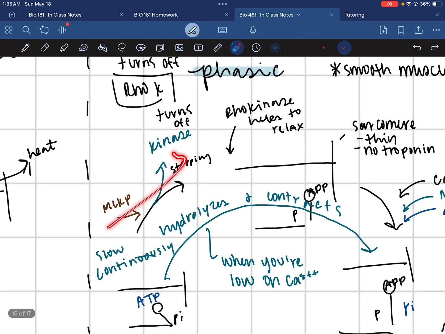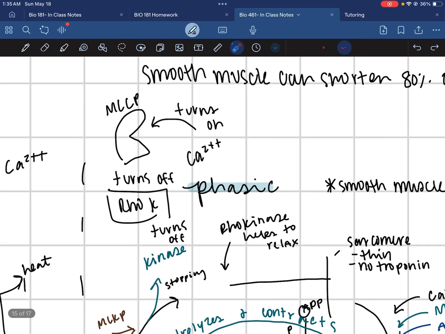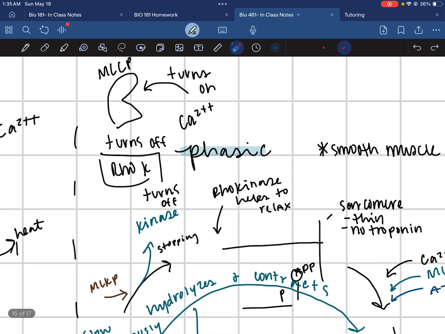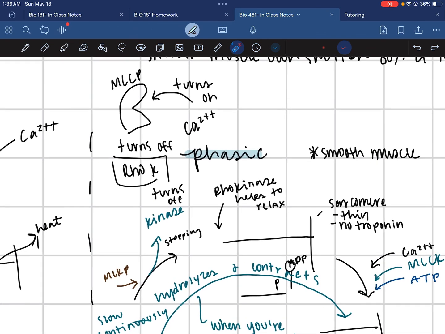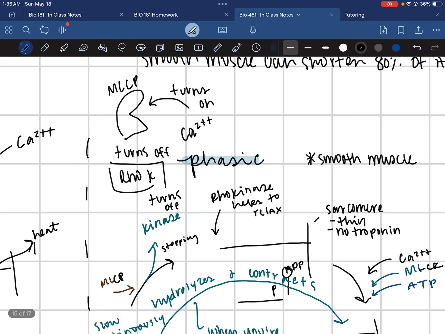But MLCK, in the presence of calcium, is going to turn on MLCP. I don't know what's wrong with me anymore. MLCP, MLCK, I'm pretty sure, yeah.